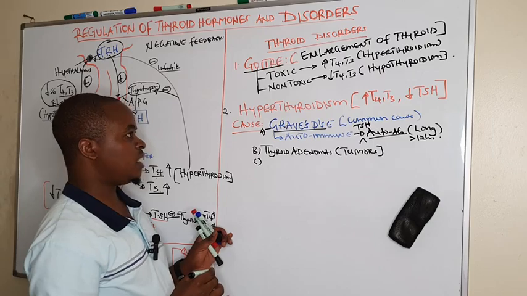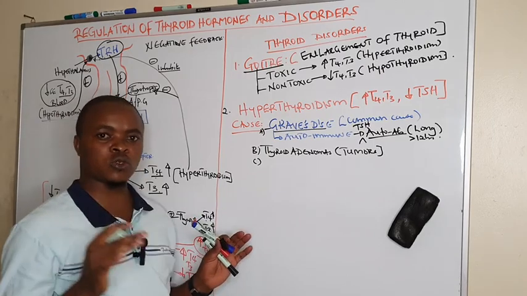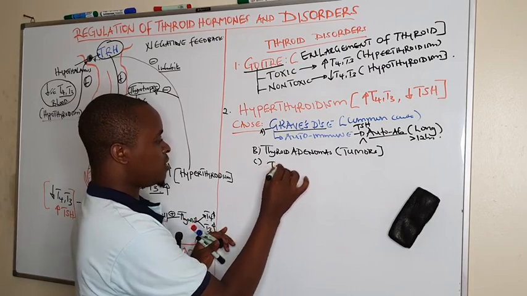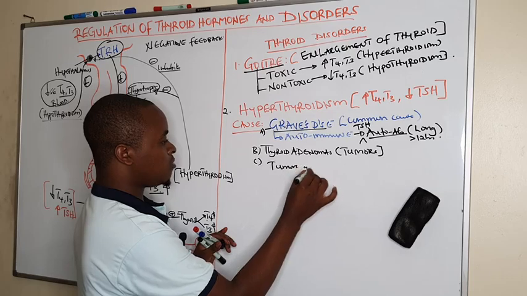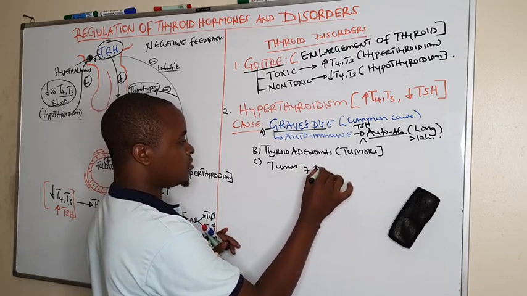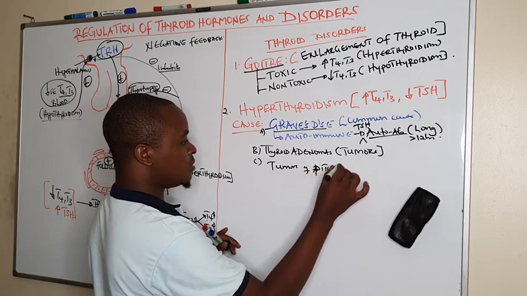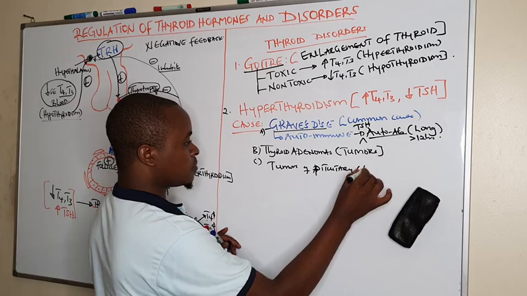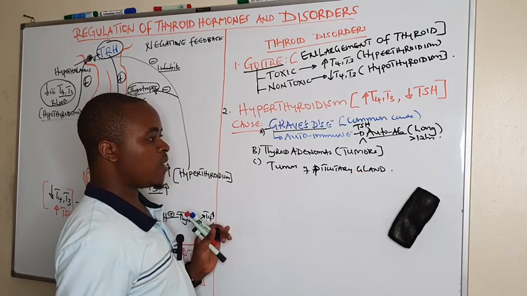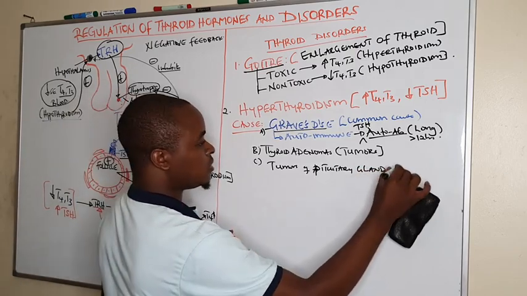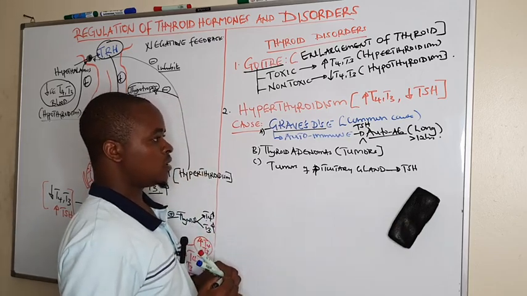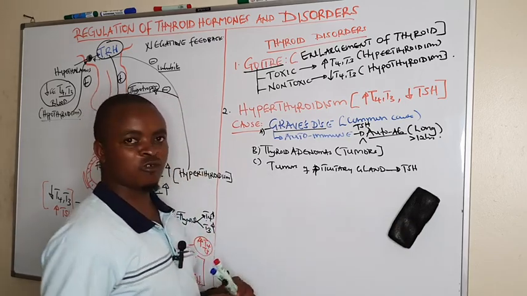But for secondary hyperthyroidism, we can also see tumors of the brain or any tumors affecting the pituitary gland. Tumors of the pituitary gland can also cause hyperthyroidism by producing much TSH, which can also lead to overproduction.